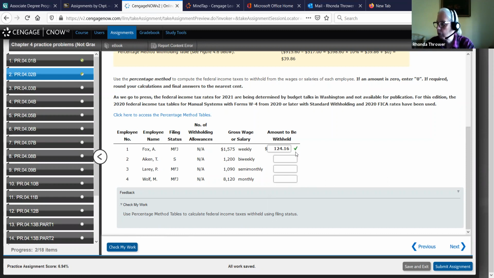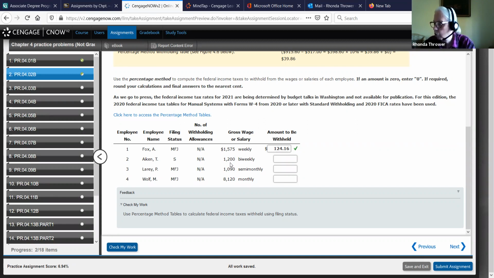So let's do another one. Write this information down. I can't stress that to you enough. You're going to write this information down. The second employee, Aiken, the marital status is single. So write down that the employee is single. Write down that the gross wage or salary is $1,200.